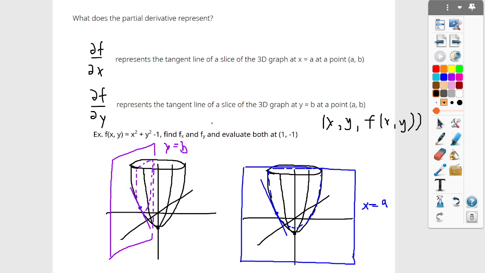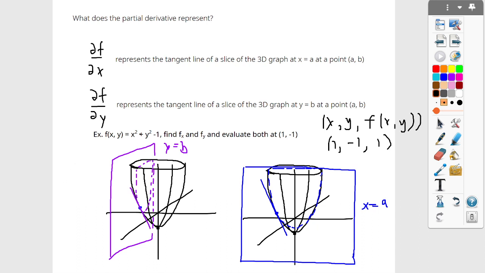This is not part of the question, but we will put it in anyways. So x squared is 1, y squared is 1, and then minus 1. So f of 1, negative 1 is equal to 1 in this case. So 1, negative 1, 1. That is represented by these 2 points right here, right?